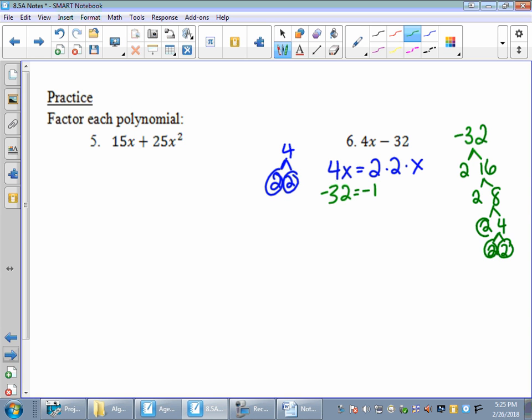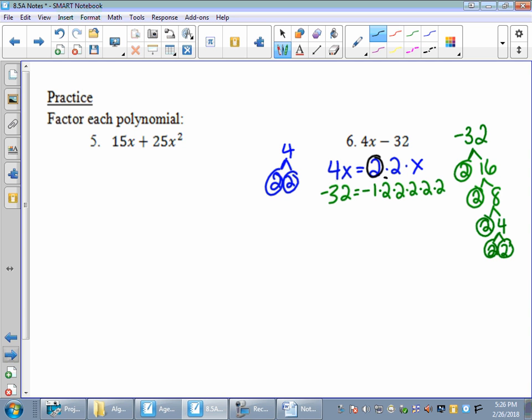1, 2, 3, 4, 5. See how that could be really easy to accidentally forget to write one down when I'm doing it all in my head? Let's make sure we write down our 5 2's: 1, 2, 3, 4, and 5. My next step for finding a greatest common factor, circle anything that they have in common.